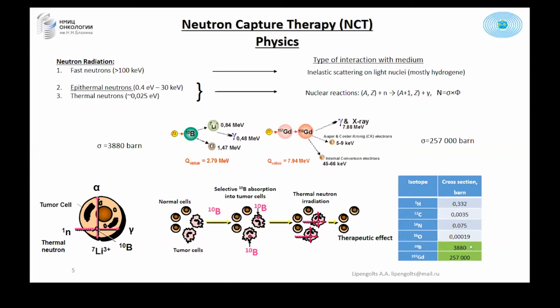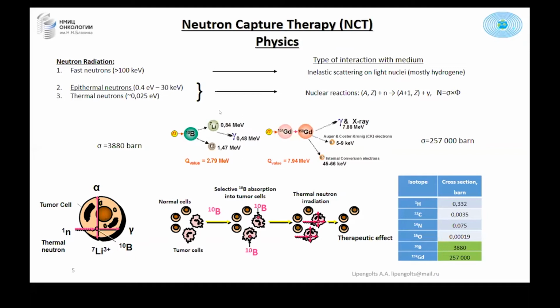It's several orders larger than for hydrogen, for carbon, for nitrogen, and thus by placing these elements in the tumor, we can selectively make neutrons from the external radiation be absorbed particularly at that place. Today we'll talk mostly about boron.